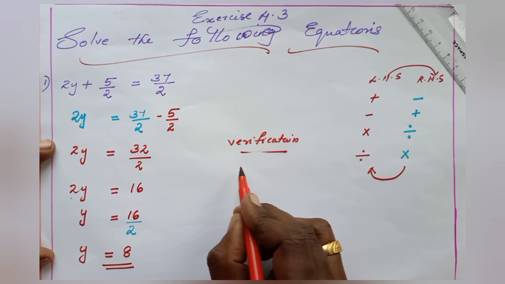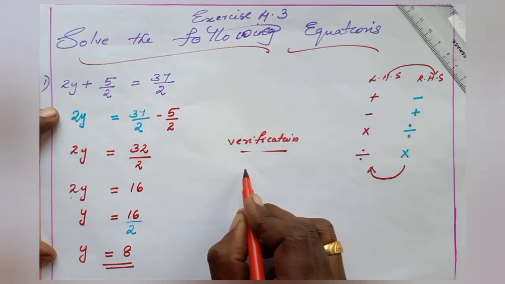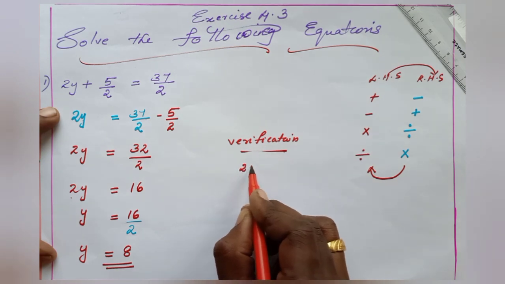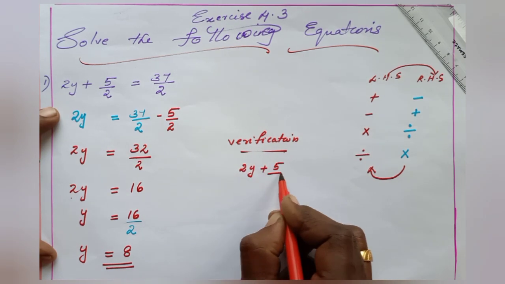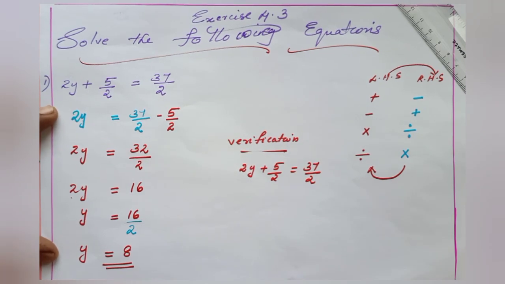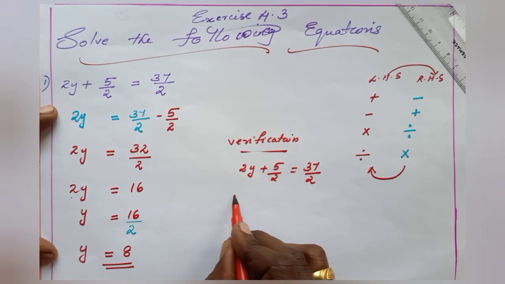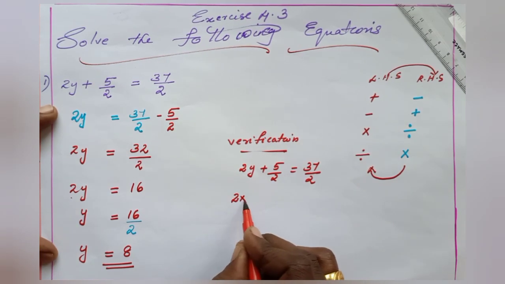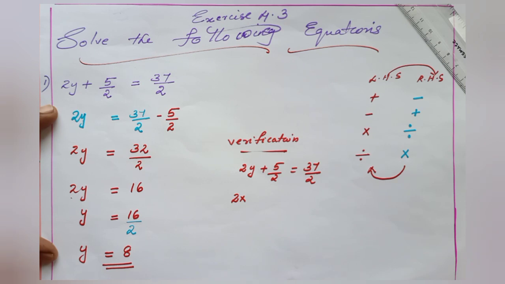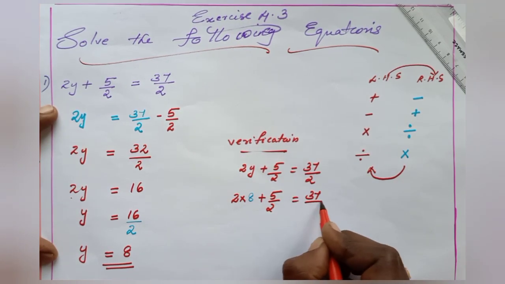Substitute y equal to 8 in 2y plus 5 by 2 equal to 37 by 2. This is our equation. So 2y means 2 into y, and here y is 8. So 2 into 8 plus 5 by 2 equal to 37 by 2.